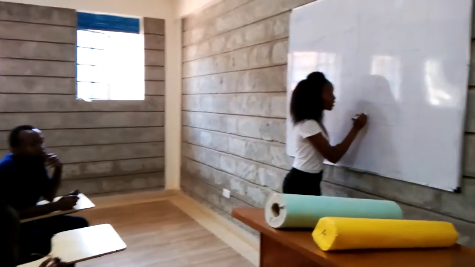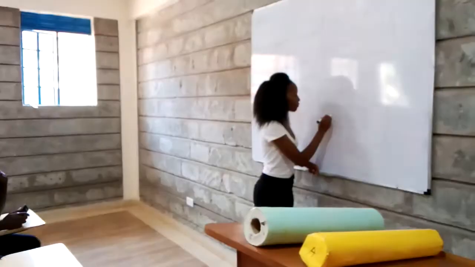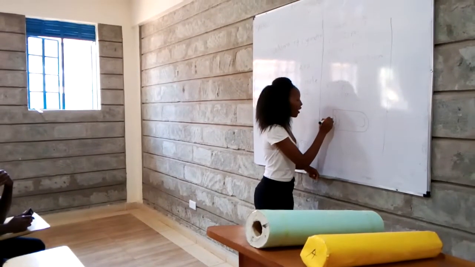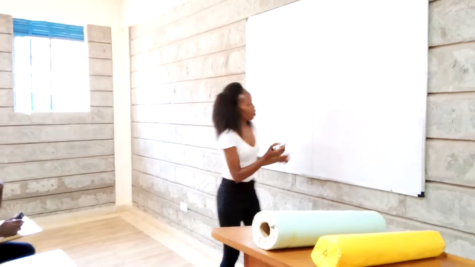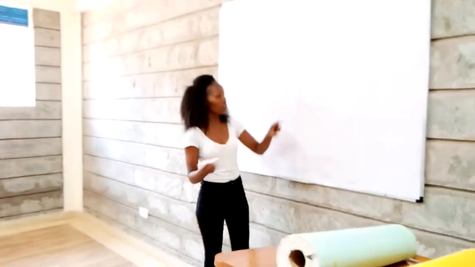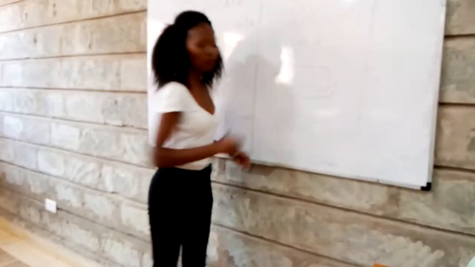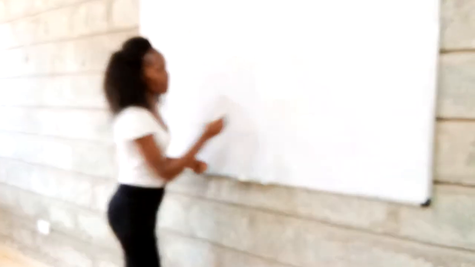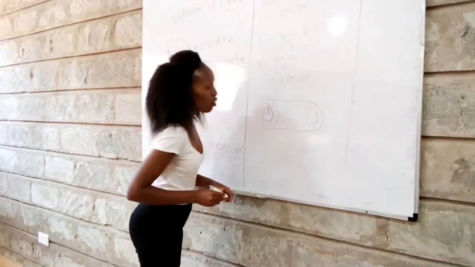So we have this cylinder, the smaller one, and we have the larger one, which is the external part. Let's take the larger radius of the external part to be the larger R, and the internal part to be the small r.